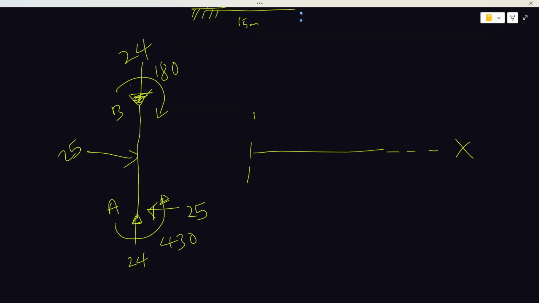So what we're doing now, for instance when analyzing member AB, is not different at all, in the sense that this is a vertical member and this is the x direction. Think of it like that.